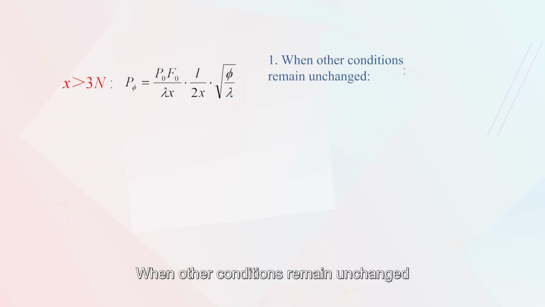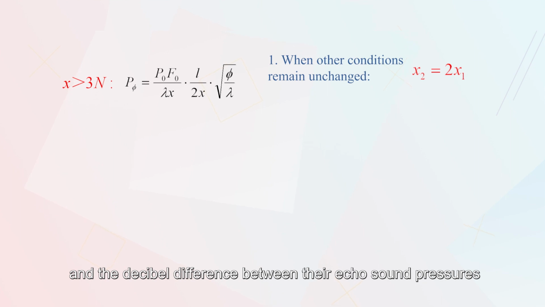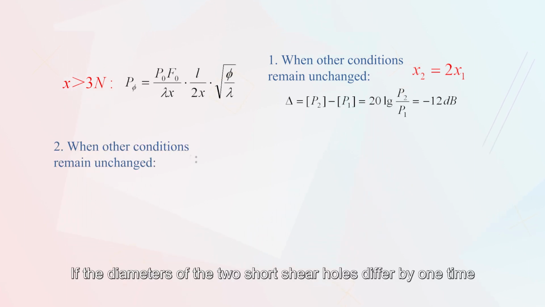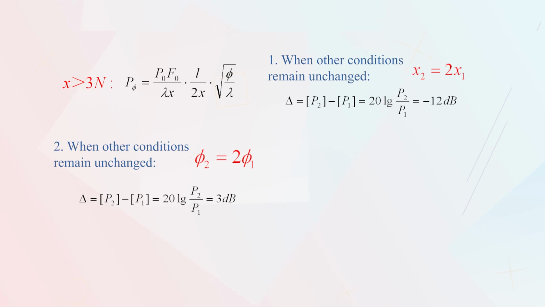When other conditions remain unchanged, if the distance between the two short shear holes is doubled, the decibel difference between their echo sound pressures is 12 decibels. If the diameters of the two short shear holes differ by 1 time, the difference in decibels between their echo sound pressures is 3 decibels.